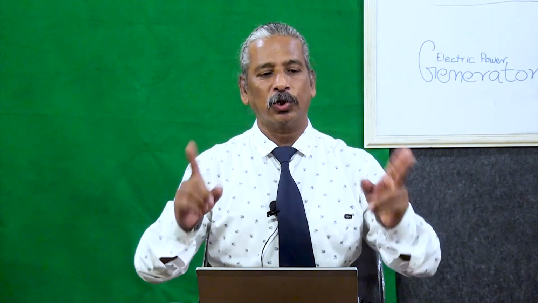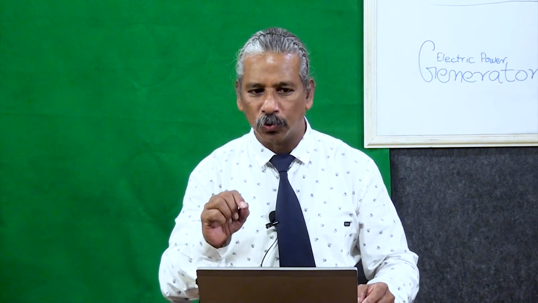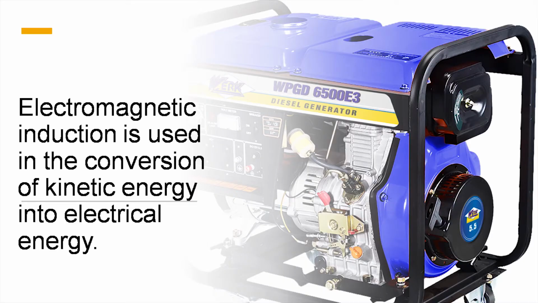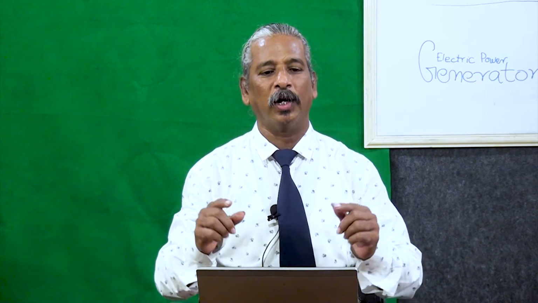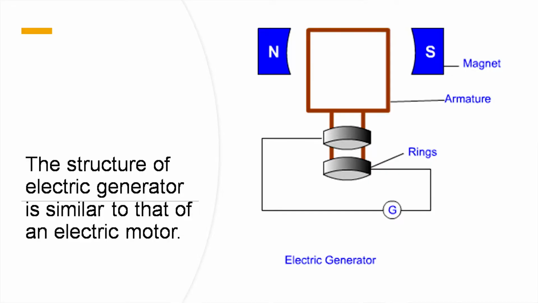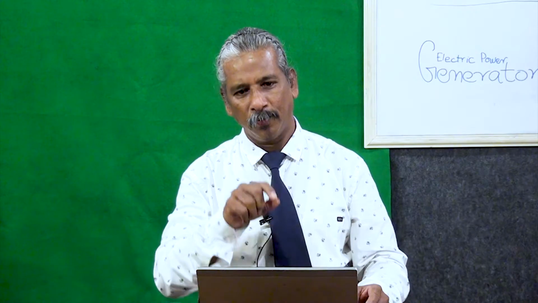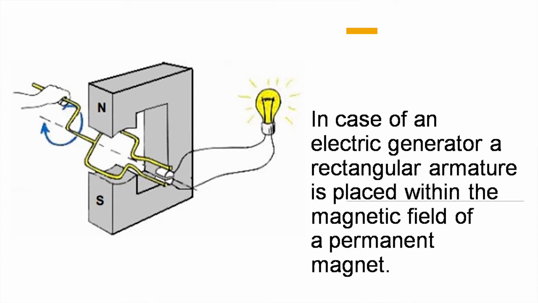So two principles we studied. Electromagnetic induction is used in conversion of kinetic energy into electrical energy. Kinetic energy is converted to electric energy. The structure of an electric generator is similar to that of an electric motor, and in the case of an electric generator, a rectangular armature is placed within the magnetic field of a permanent magnet.